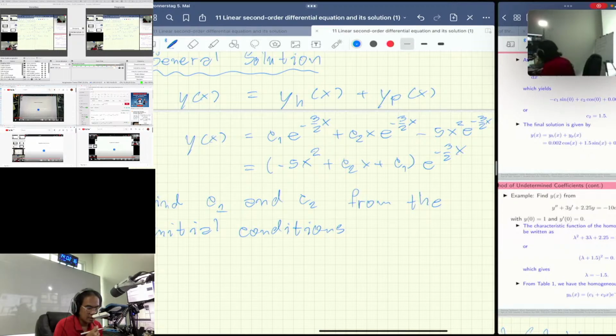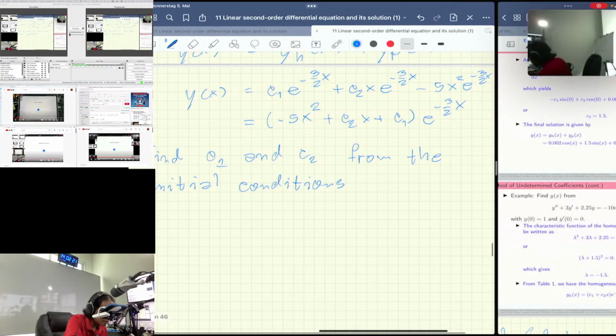Okay, what is that? It means that you're going to need to substitute. Okay, y(0) equal to 1, right? So you have to substitute x as 0 here, right? y(0) will be negative 5 times 0 squared, right?